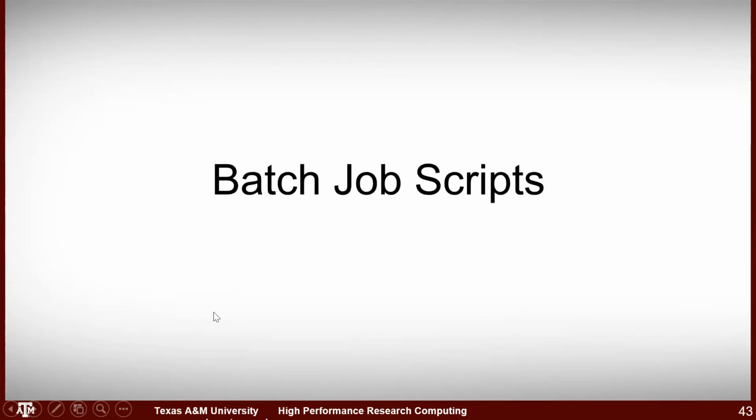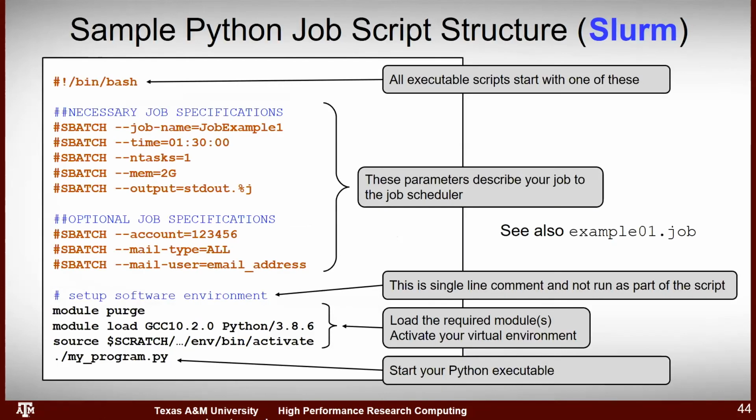So now that you know what the resources are, let's learn how to request resources. This is an example of a job script file. It's a text file, and it's full of commands. The first command is the standard command that bash script files all start with, the bang bin bash command, which just says this is a script file written in the bash language.